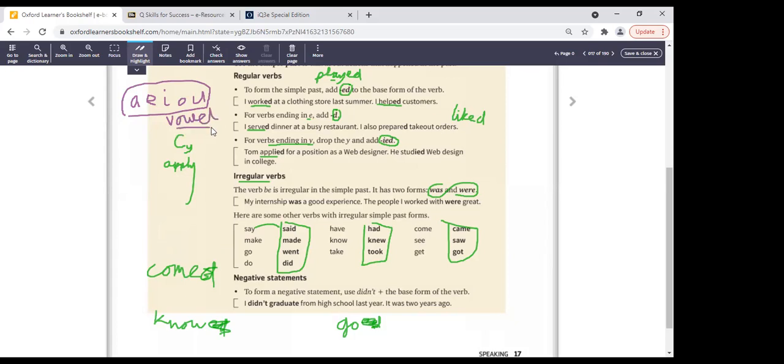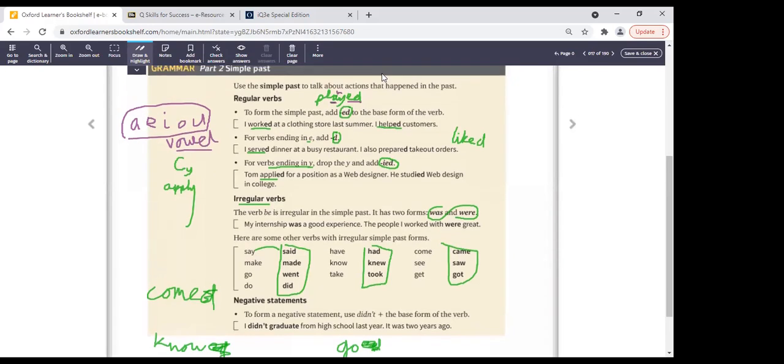Any of these letters, if they come before the Y, like in our word play, A comes before the Y. So we just add ED, normal. But if it's any other letter, not a vowel, maybe it's a B, maybe it's an L, like the word apply, or like the word study.